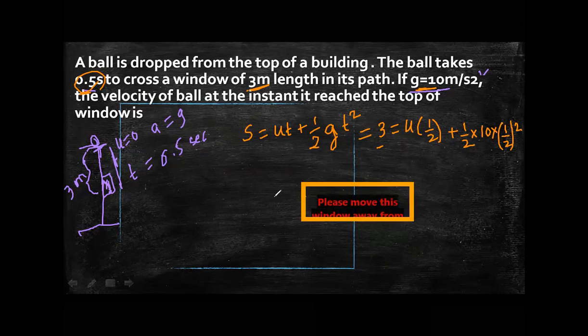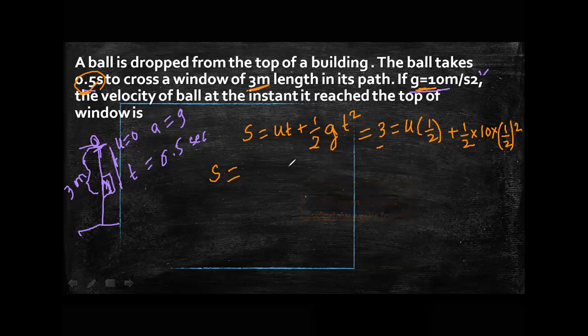Did you understand up to here? Why am I writing 1 by 2, Pranav? Time is 0.5, right? When I want to convert the decimal to a fraction, 0.5 is equal to 1 by 2, right? I don't know whether your microphone is functioning, but you should say yes or no, right?